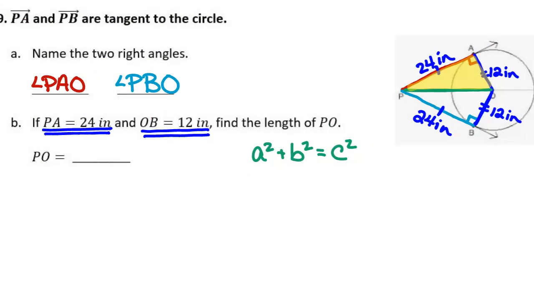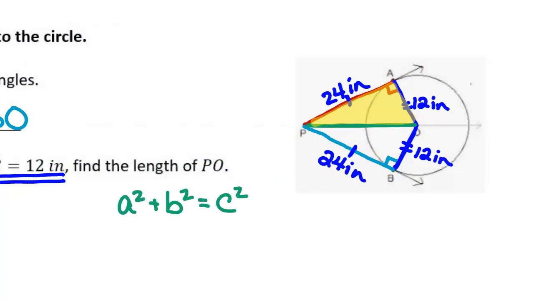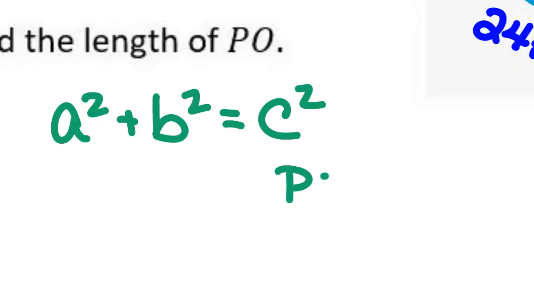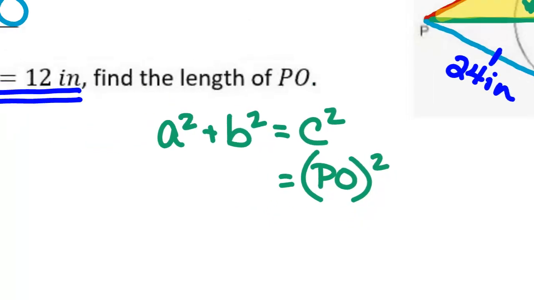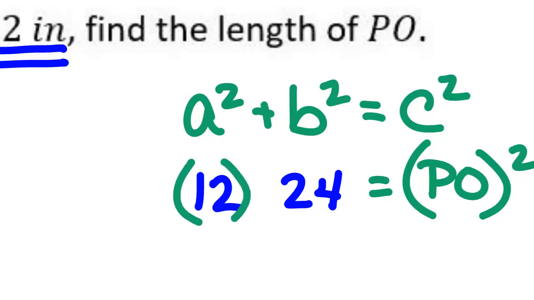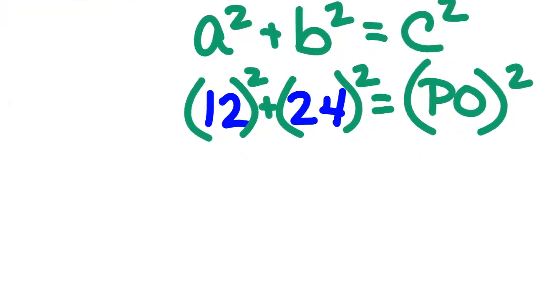C has to be my hypotenuse. What's the hypotenuse of this triangle? PO. That is opposite my right angle. So I'm going to put PO in the place of C. So A and B have to be 12 and 24. Order does not matter. So we have 12 squared plus 24 squared equals PO squared.